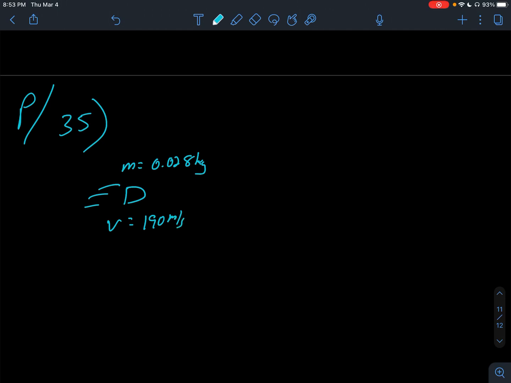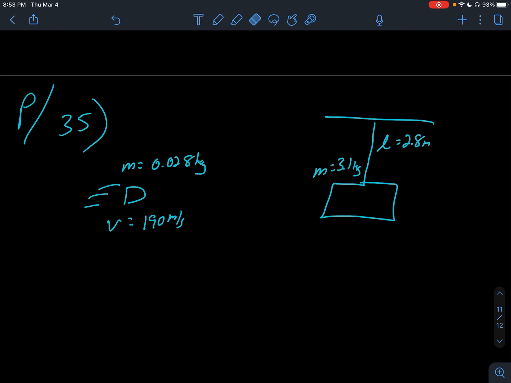And then we have this pendulum, and it's a block of wood, where this mass is 3.1 kilograms. The length of this string is 2.8 meters long.